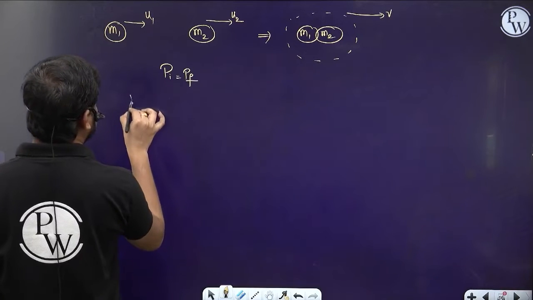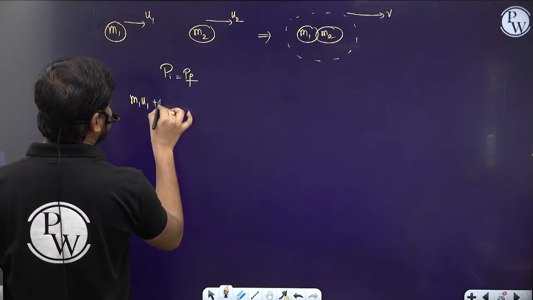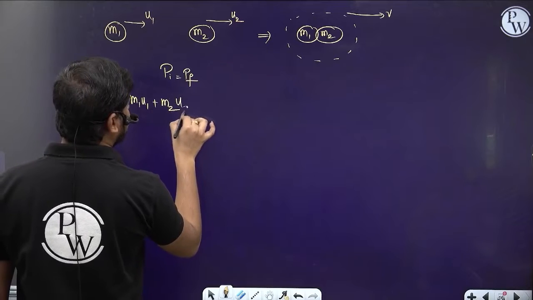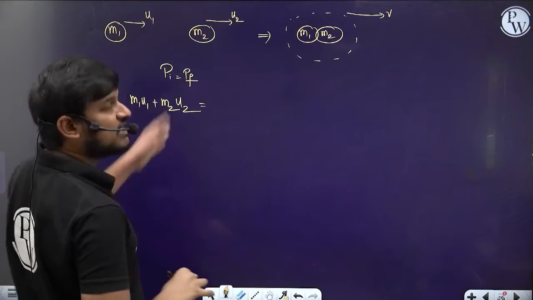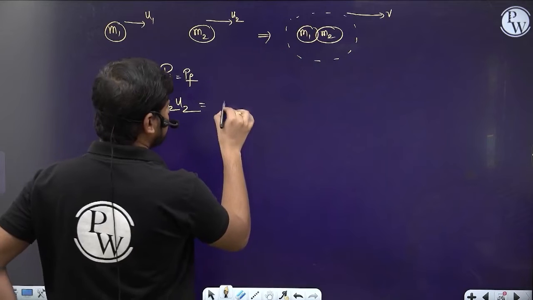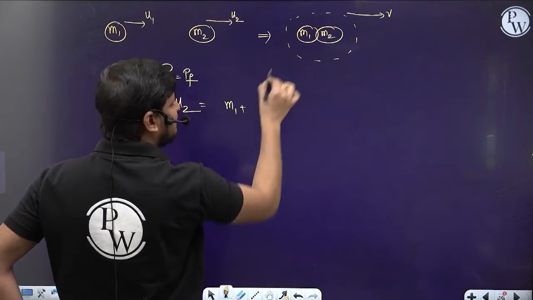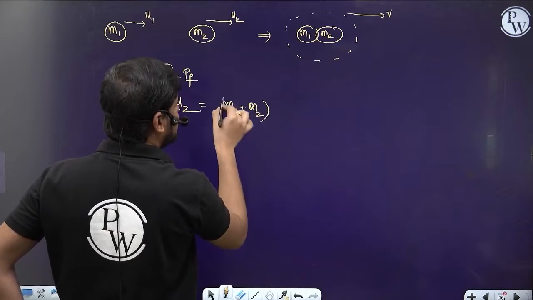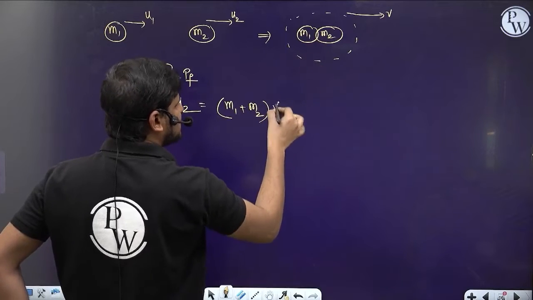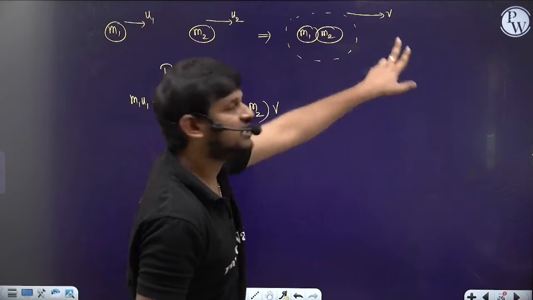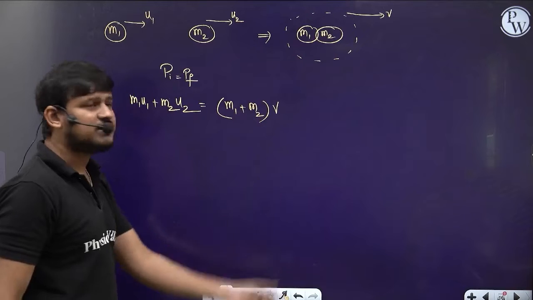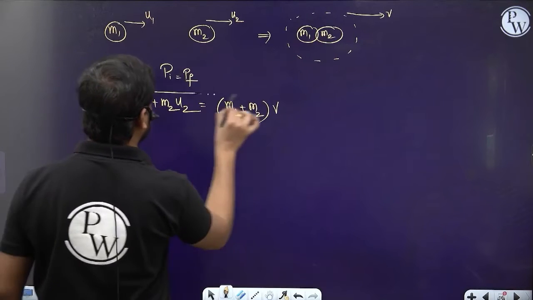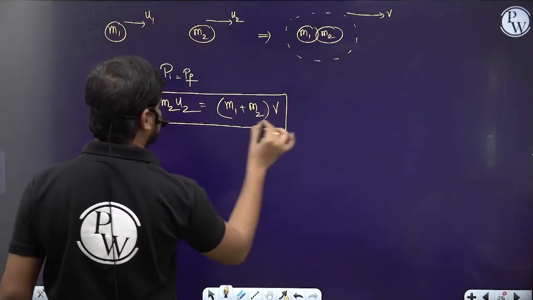So M1 U1 plus M2 U2 is the initial momentum, which is equal to the final momentum. What is the final momentum? Their masses will be added, because they move together with the same velocity. You can write M1 into V plus M2 into V, which is nothing but M1 plus M2 into V. So this is the momentum conservation.